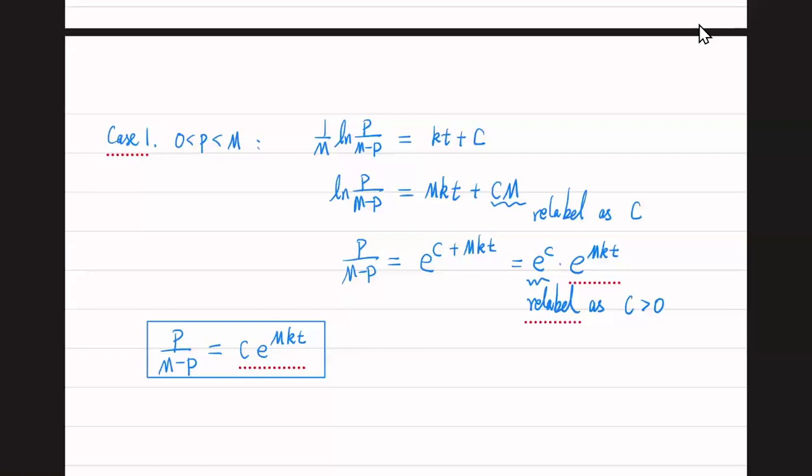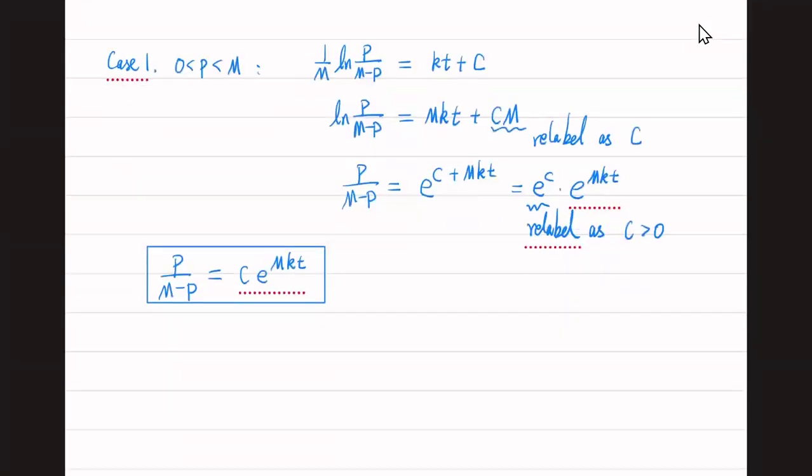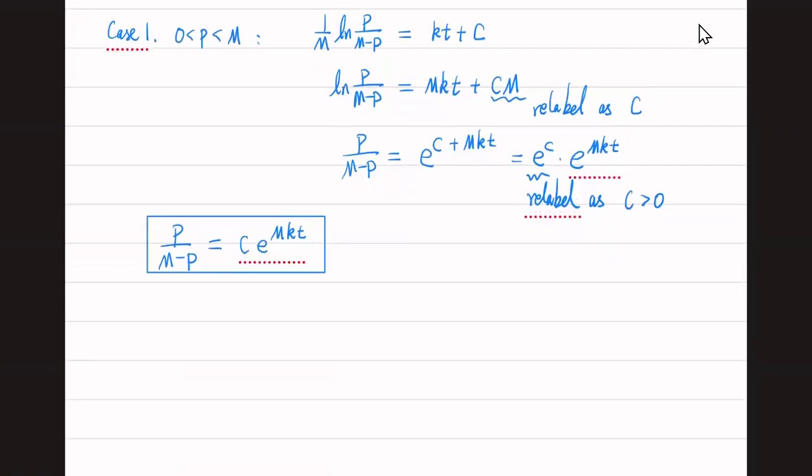Again, the method is separation of variables under the assumption. Okay, so the exercise for you to try is the second case.